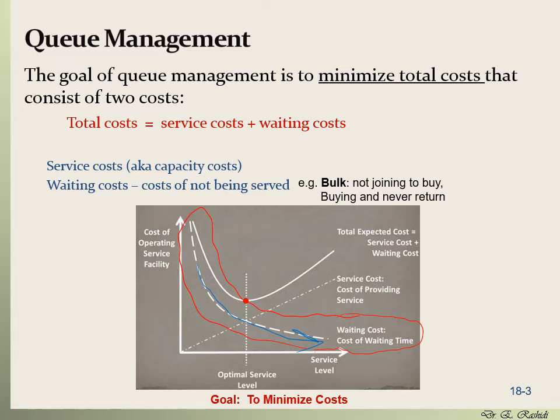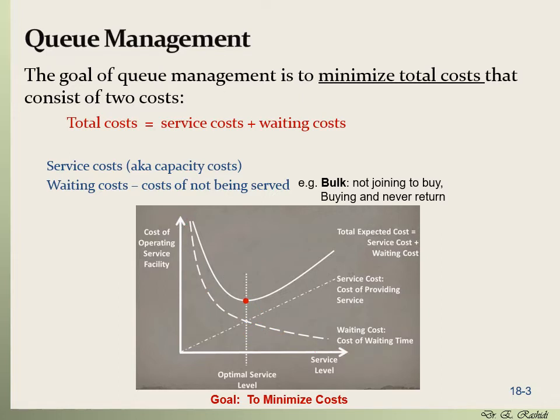That's because the waiting time is going to decrease. When you have more capacity, when you have a higher level of service, the waiting time is going to decrease, and that would end up reducing the cost of waiting time.